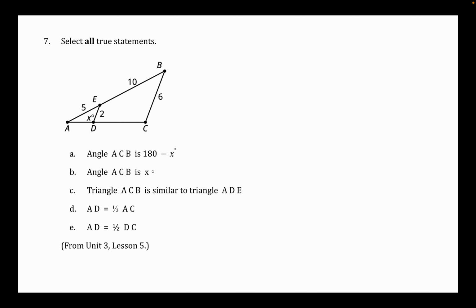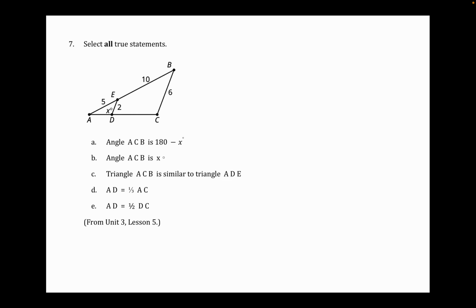So we want to select all true statements, given that angle AED is congruent to angle ABC. It doesn't actually say given on here, but it does say that on the solutions, so we're going to use that knowledge.